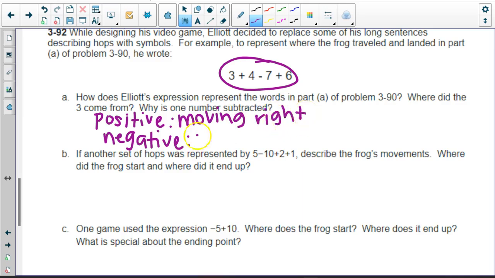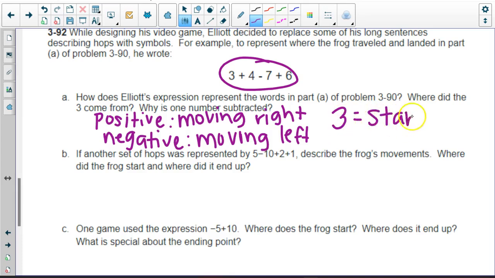And the negative numbers tell me I'm moving left on my number line. The question asks, where did the 3 come from? If I look at that 3, it's my very first number. Since it's my first number, my 3, that's my starting point. That's where I first go to on my number line.